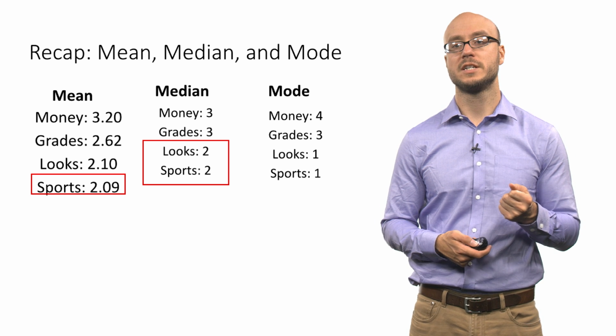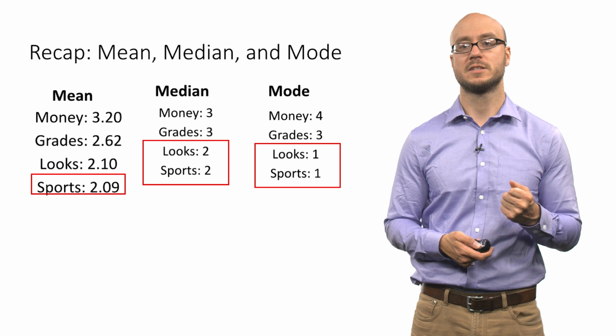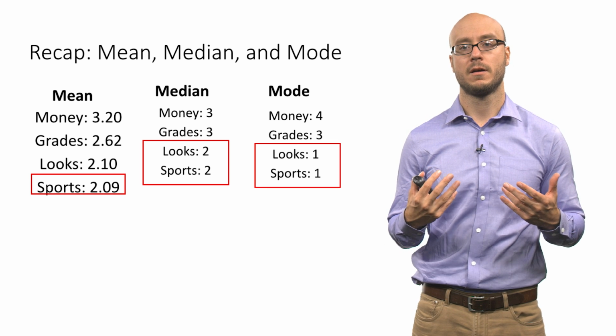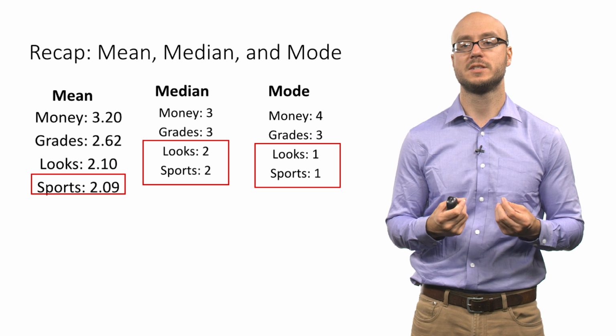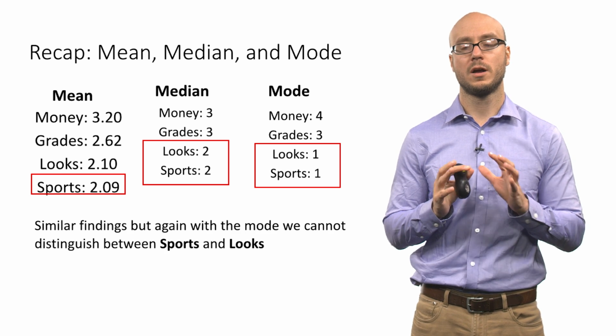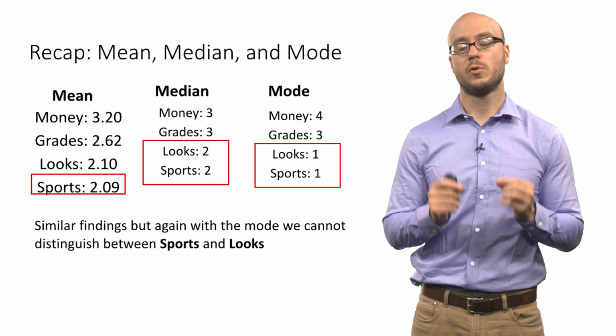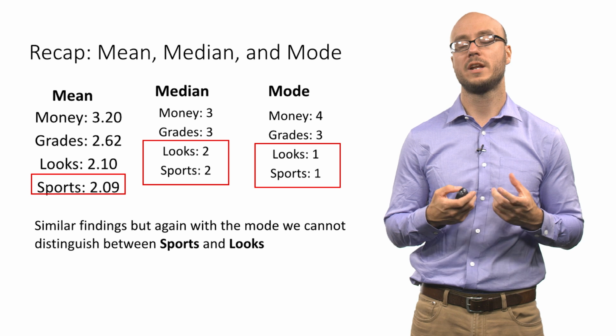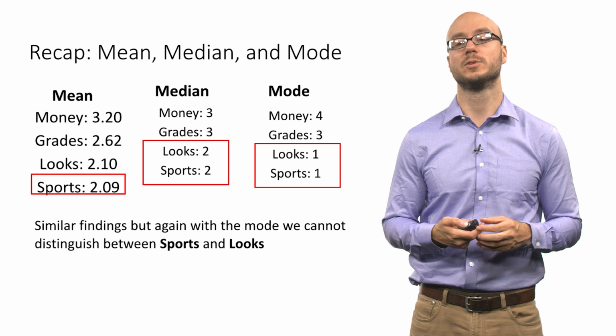For looks, it's 1. And for sports, it's 1. So we can see that across all 3 measures of central tendency, across all 3 calculations, we get a similar finding: if you want to be popular, sports and looks are really the most important attributes according to elementary school children.